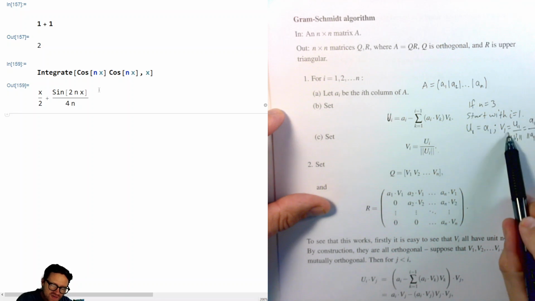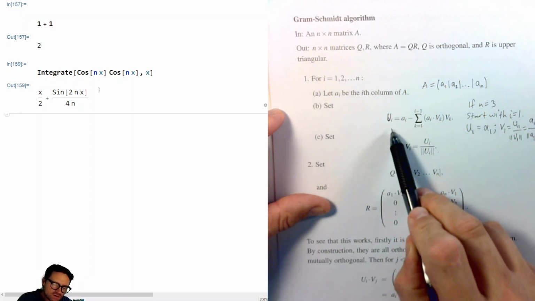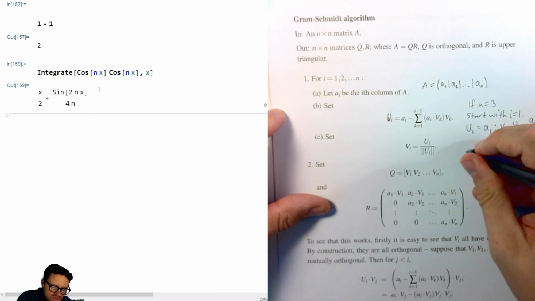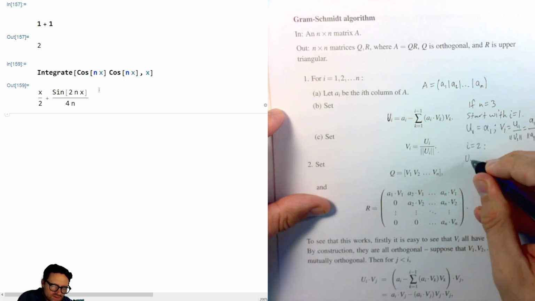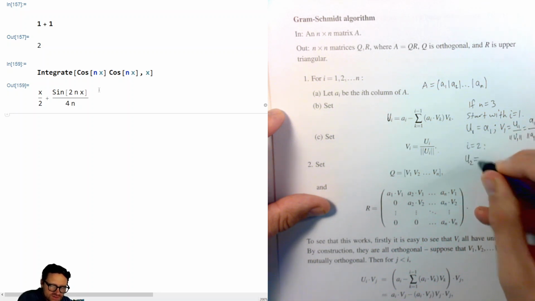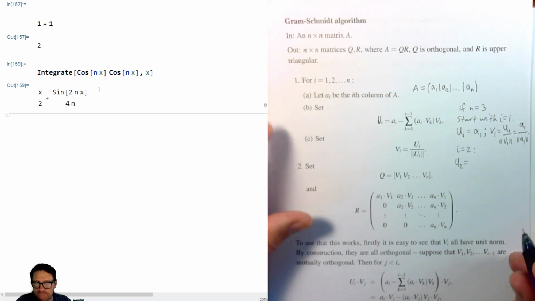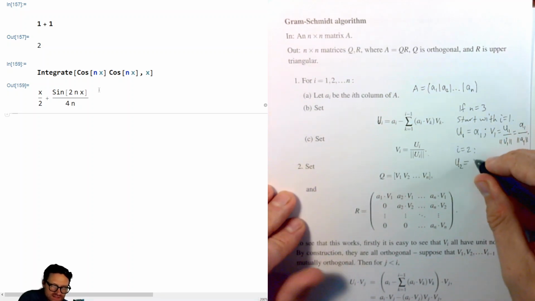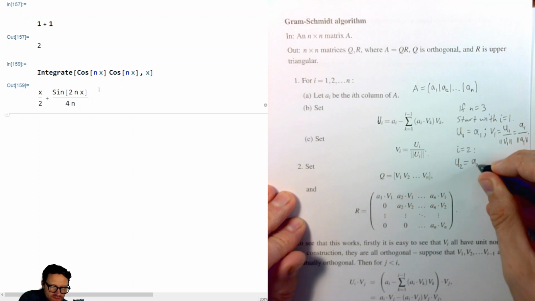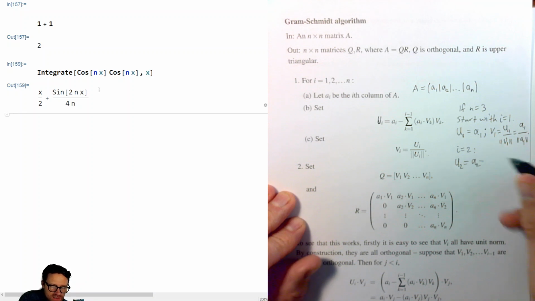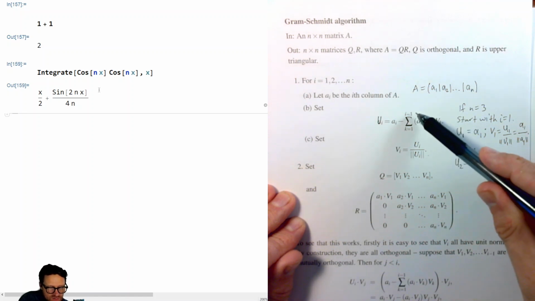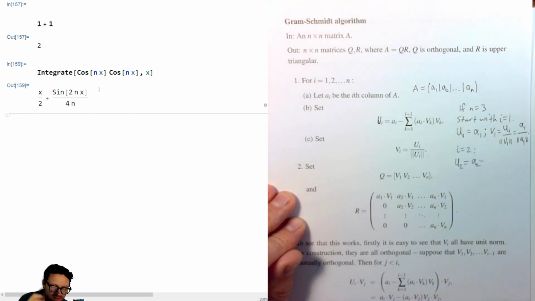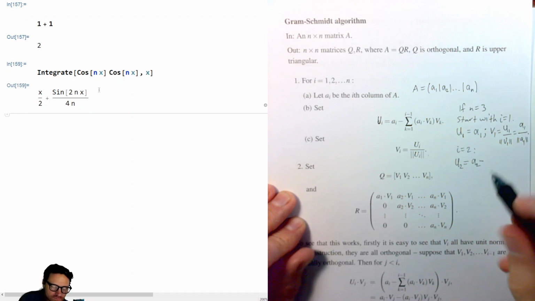Okay, so with that v1, we're now able to calculate the next U. So this is i equals 2. So we have U subscript 2 is equal to a2 minus, now notice the top of the sum is 2 minus 1 is 1, the bottom is 1, so there is something in that sum.